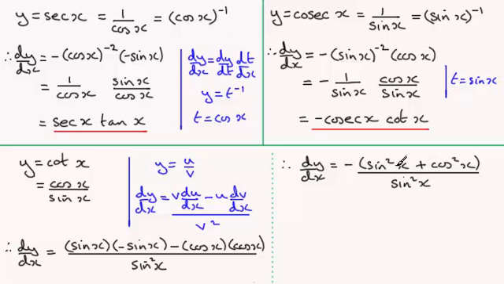You should be familiar with the identity sine squared x plus cos squared x equals 1. So we end up with negative 1 over sine squared x. So minus 1, all divided by sine squared x. 1 over sine x is cosec x, so 1 over sine squared x will be cosec squared x. Not forgetting that negative though, we end up with minus cosec squared x. And that is the standard derivative of cot x.